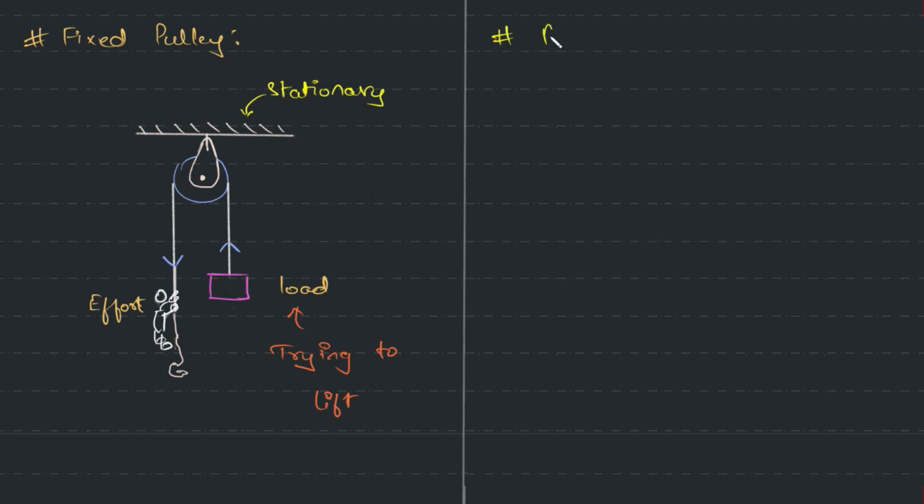So we have a point about pulley as a lever. So for that, let me draw a lever. And then you have your fulcrum.